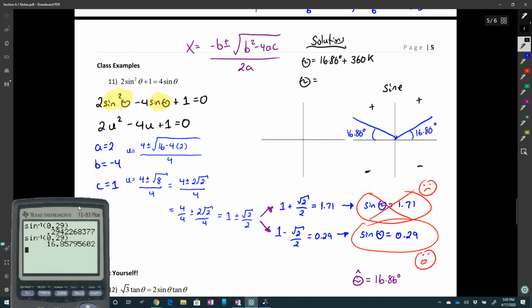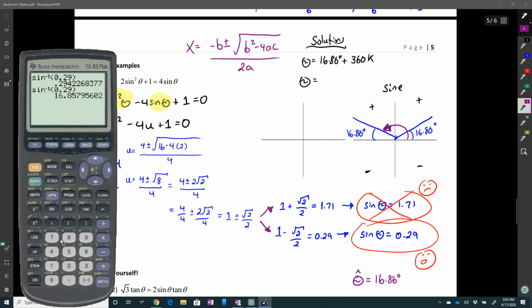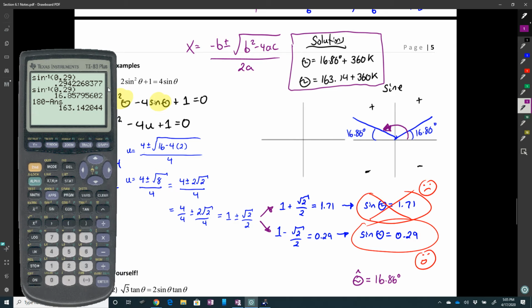And then the other one is going to be this angle right here, which is 180 minus 16.86. So 180 minus that answer, 163.14 plus 360K. And so that's your solution if you have it in degrees.